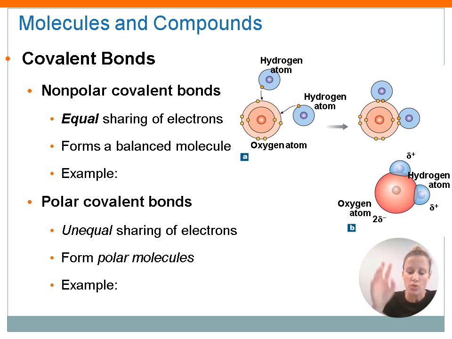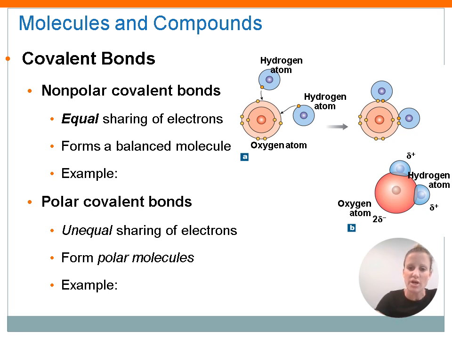So we have 2 covalent bonds, right? There's a covalent bond between the oxygen and this hydrogen, and there's another covalent bond between the oxygen and the other hydrogen. So we've got electrons being shared in both cases. Now, remember, these electrons are moving, right? They're constantly orbiting all around. This oxygen is much bigger and stronger and pulls on those electrons for more time.